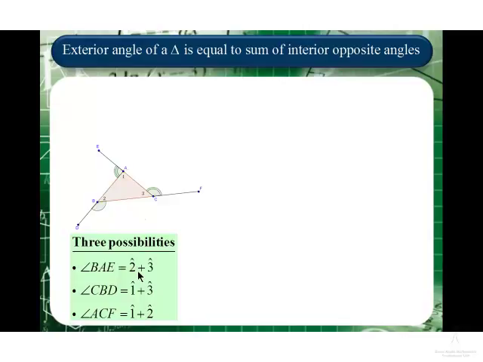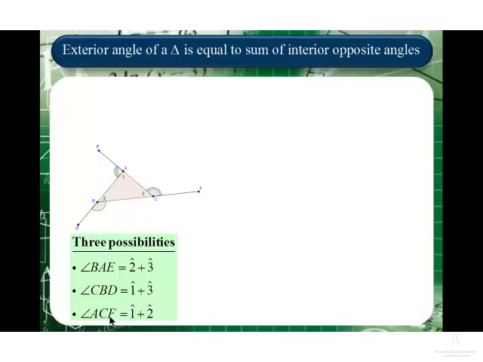Also, if you look, for example, at the exterior angle CBD, so we're looking at this exterior angle, then this is also equal to the sum of the opposite interior angles for the triangle, namely angle 1 plus angle 3. And this is our second possibility.